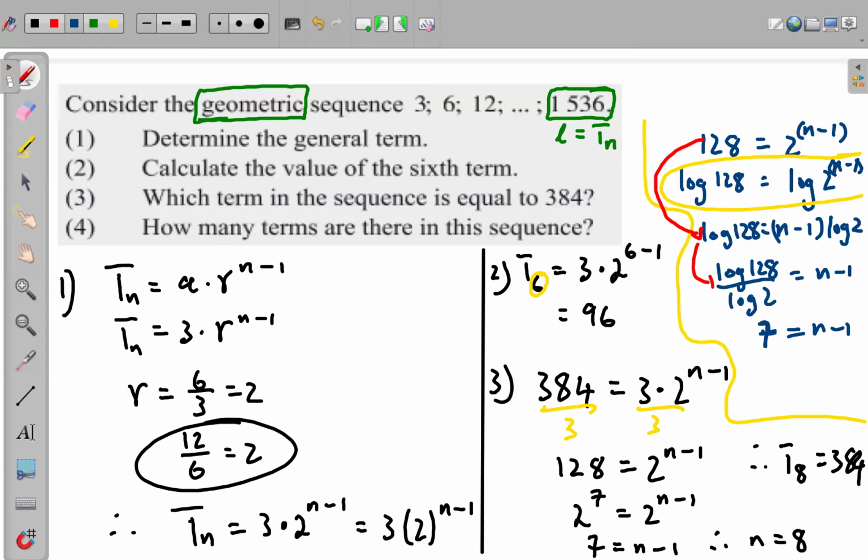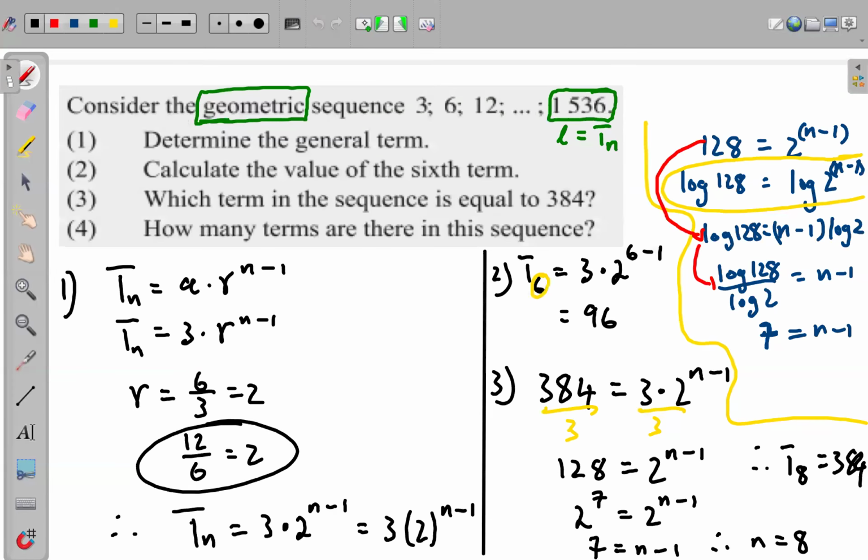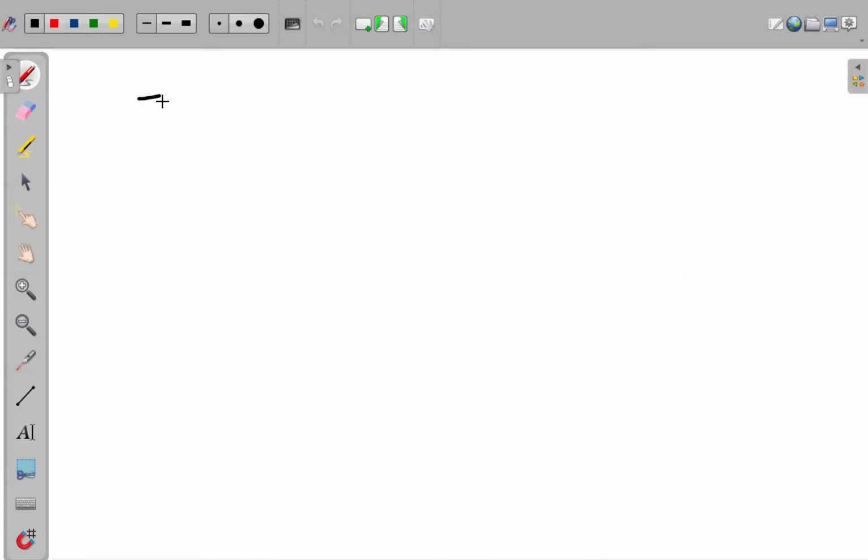All right. And then the last one, number 4: how many terms are there in this sequence? This is where we're going to use the fact that the last term is equivalent to the general term. So we take 1,536, and we know Tn is equal to L. Therefore, what is our Tn?